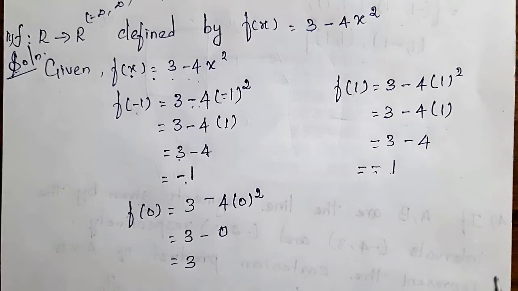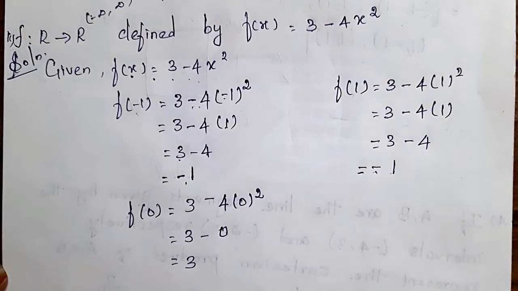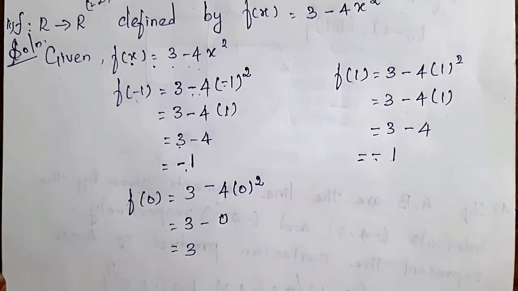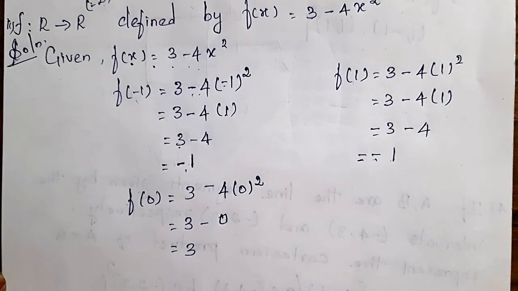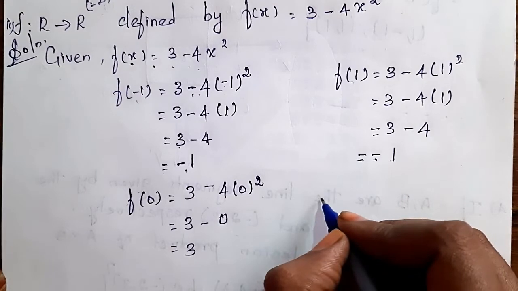So it fails the one-to-one condition. If it fails one-to-one, definitely f is not bijective, because bijective means if it is one-to-one and onto, we can say it is bijective. It is not one-to-one, then how can you say it is bijective? It is not bijective.